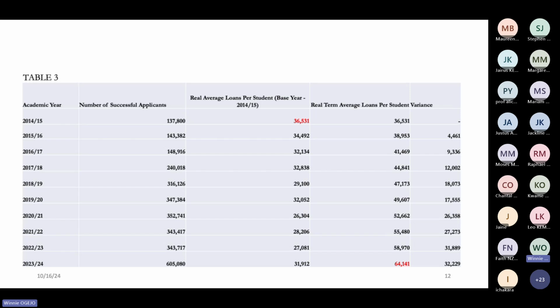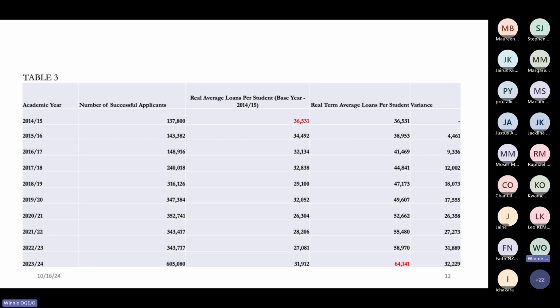And then let us now speak to the demand side. We have just explained to you the supply side, and we are answering the question of how much HELP is redistributing to students in total. And now we are speaking to, on the demand side, on average, how much is a student receiving, and what is inflation doing to the average size of the grant or the fund to the students.